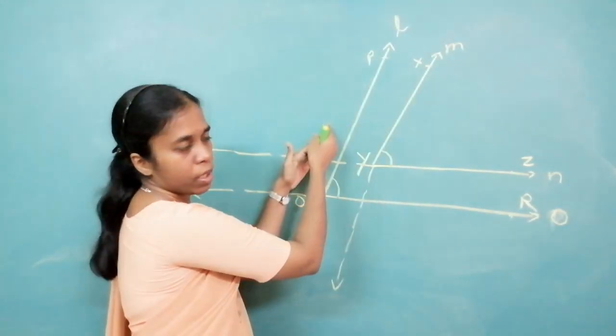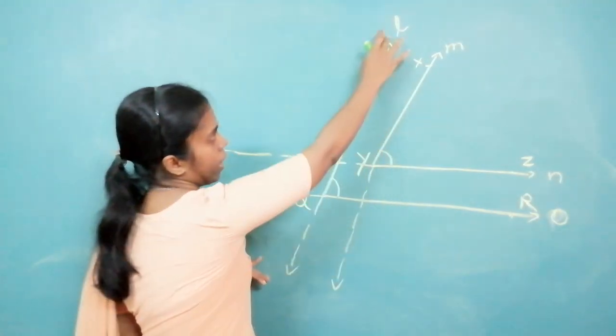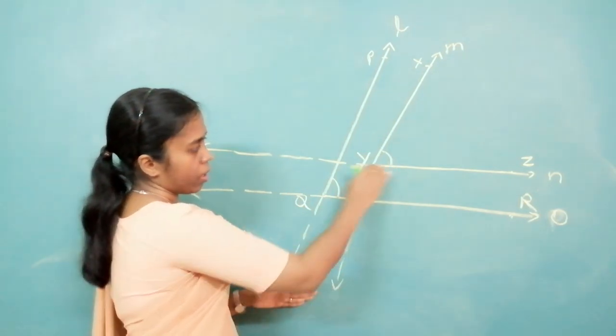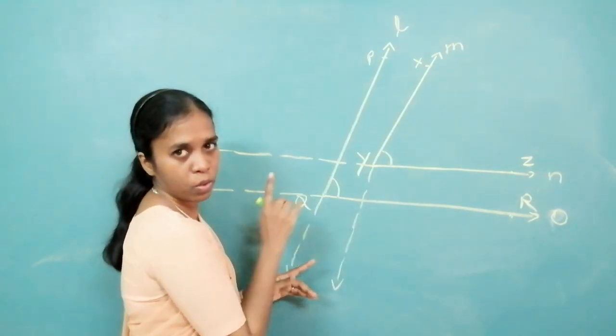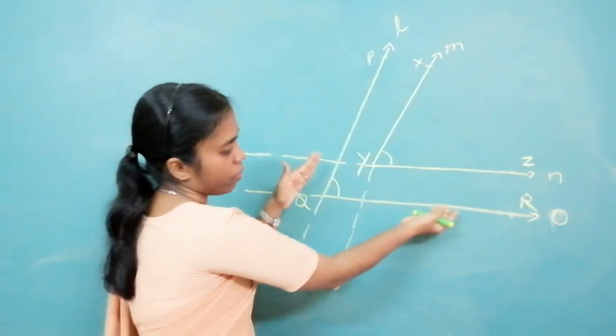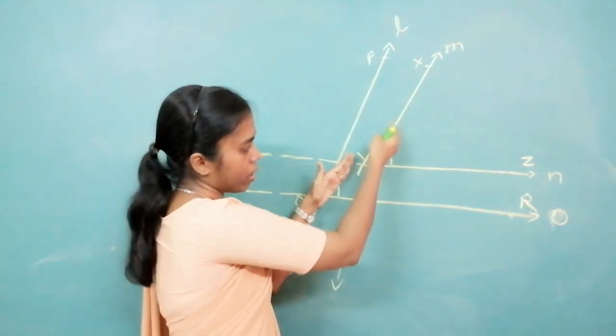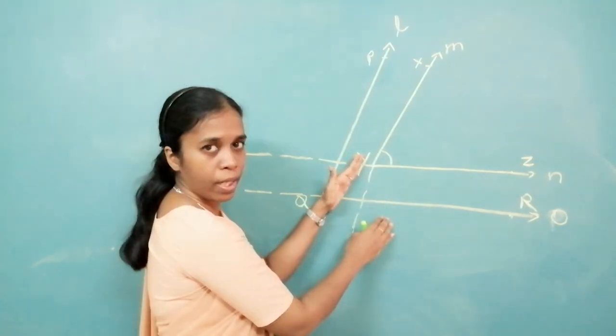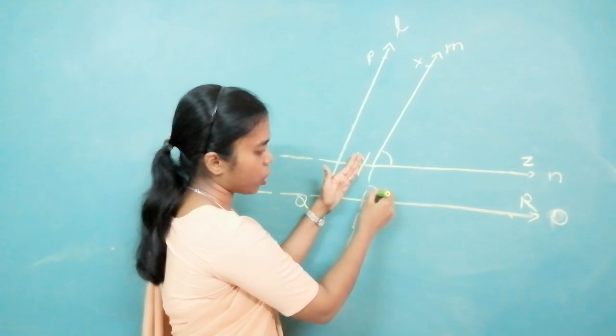Sides are parallel. That means these two lines L and M, these entire lines are parallel. These lines are parallel, then these are my transversal. Similarly, this and these are parallel. If this and this are parallel, this is my transversal. What can I say about these two angles?